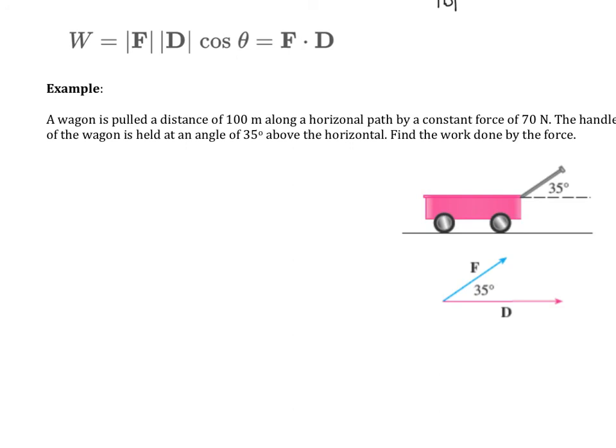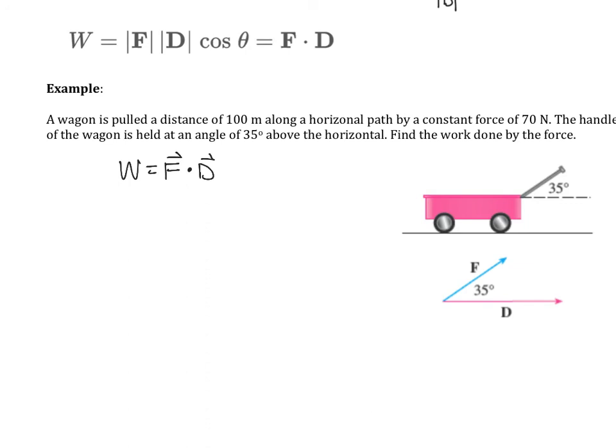The handle of the wagon is held at an angle of 35 degrees above the horizontal. Find the work done by the force. You can see the actual wagon picture, but here is what this looks like if we look at our picture. Using the formula that we just talked about, work is equal to the force vector dot D vector.